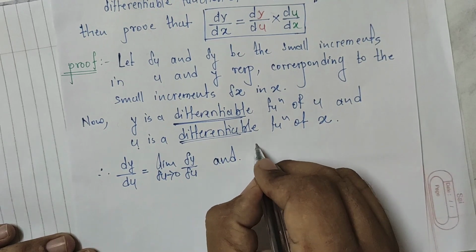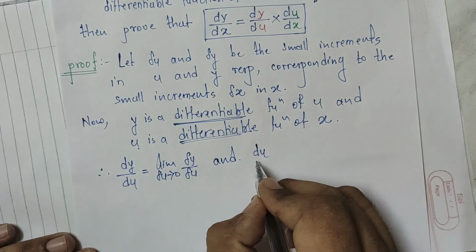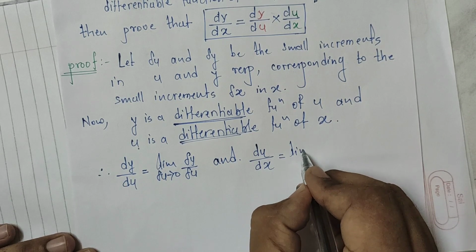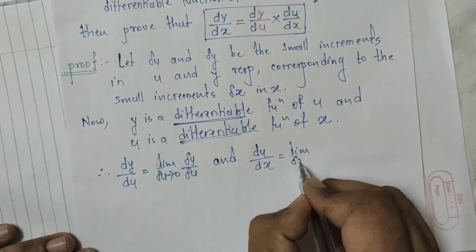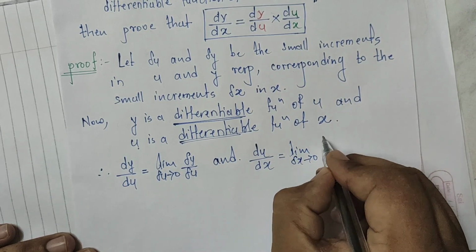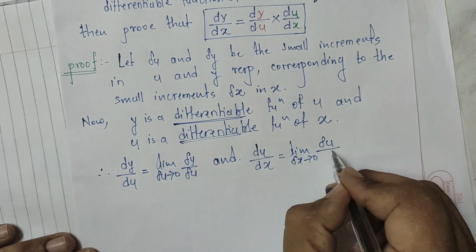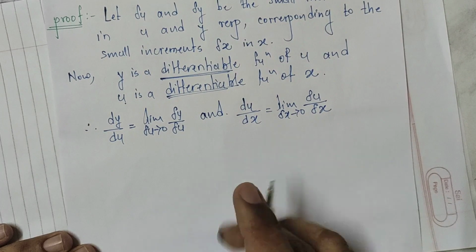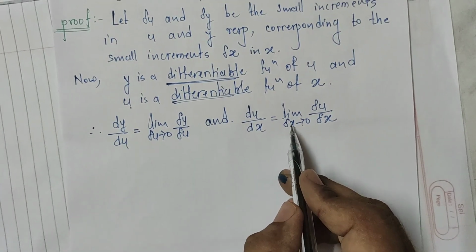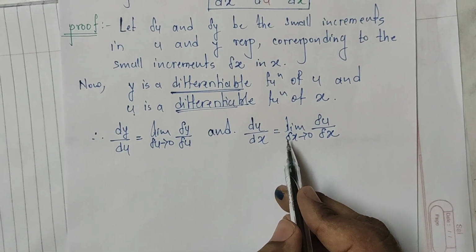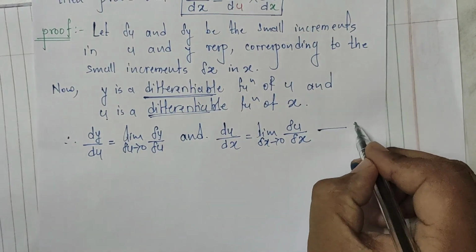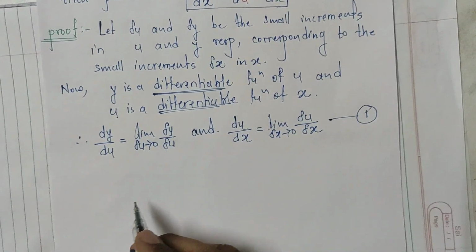Therefore du upon dx is equal to the limit as delta x tends to 0 of delta u upon delta x. Okay, this concept is clear. By using the derivative definition, we can find this term, and I am giving it equation number 1.